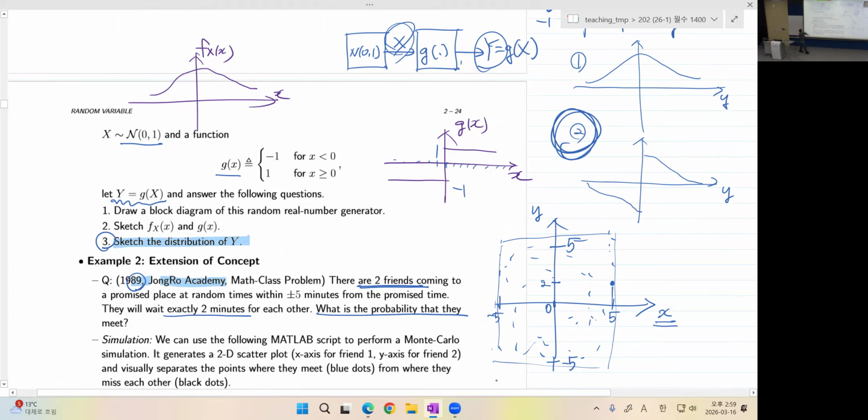And he said that they wait 2 minutes. What does that mean? The absolute value of X minus Y is less than 2. Then they meet. And you know how to plot this one as a Jongno Academy student, right?